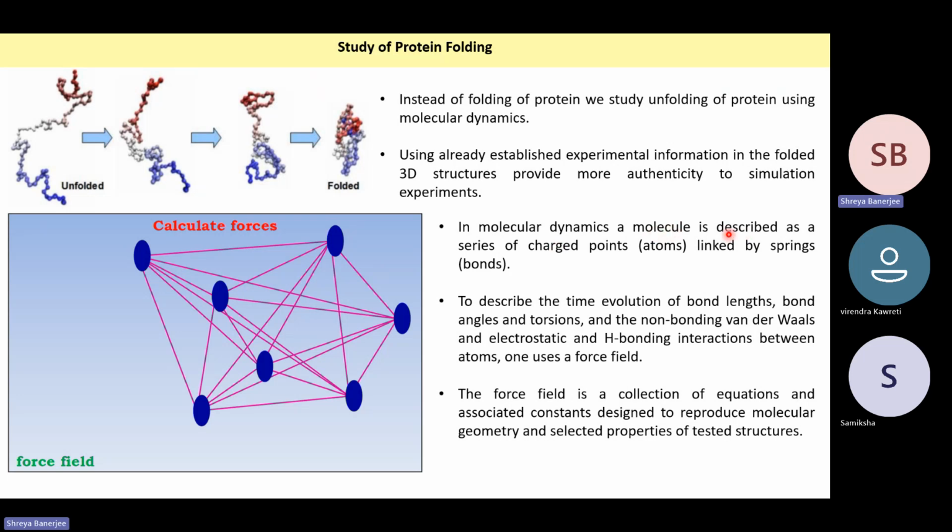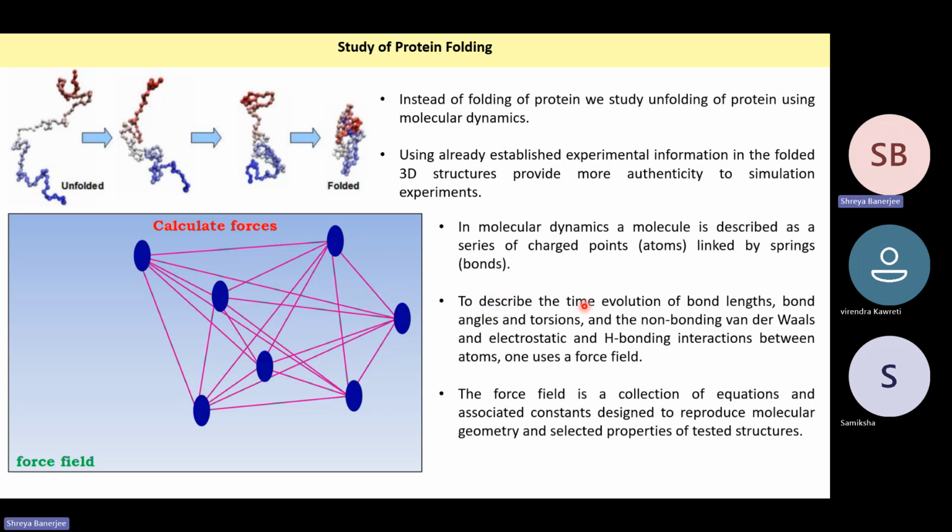A molecule is described as a series of charged points or atoms linked by springs, that is the bond. So say we are starting with the folded structure of the protein. Then we have to specify the position coordinates of each of the atoms and their relation with other atoms. So the bond distance and everything, all that has to be specified.